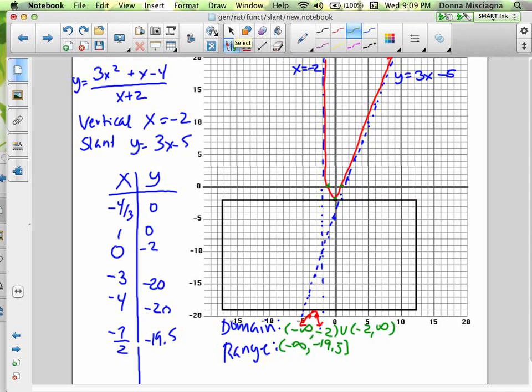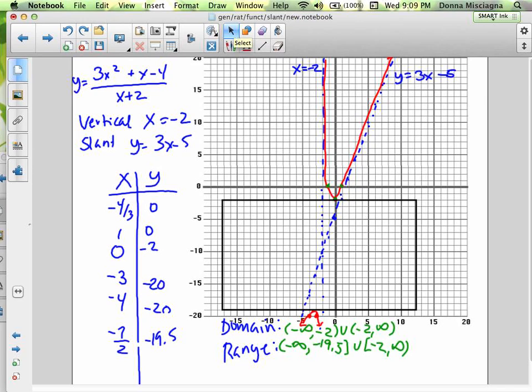Our graph picks up again, doesn't pick up again until that low point there, and that's at 0, negative 2. So our graph picks up again at negative 2. Again, we go through the point, so I can put a bracket there. And then we keep on going to infinity. So notice there's nothing here between negative 19.5 and negative 2, and my range should show that.